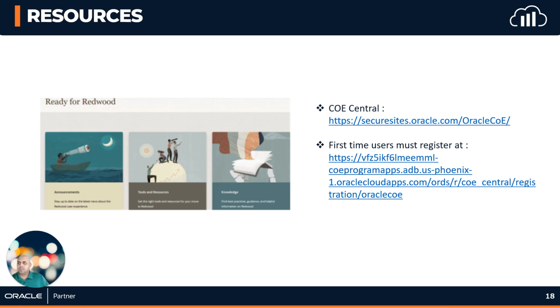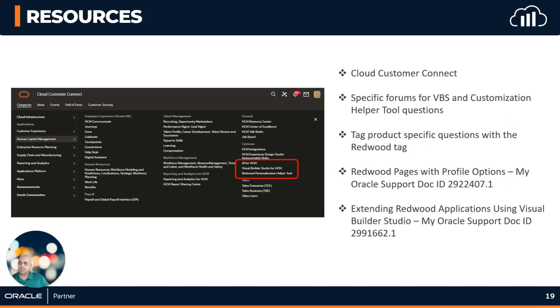We'll share with you. Similarly, we have Oracle Cloud Customer Connect, where we have the links to access different URLs which have Redwood resources. We also have specific forums for VBS and customization helper tool. You can log into Oracle Customer Connect and tag product specific questions with Redwood tag.